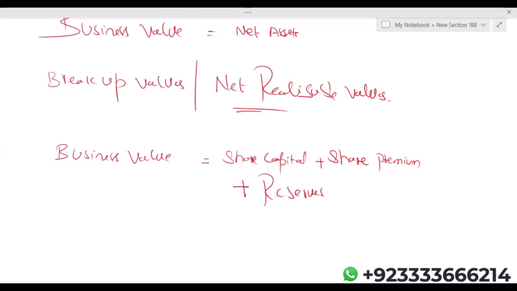Because when a business liquidates, preference shareholders will be paid before the ordinary shareholders. On that basis, we treat these preference shareholders as a liability. So when you are valuing a business, preference shares are simply a liability. So business value, if the examiner does not give us any assets and liabilities, will be equal to share capital, share premium plus reserves.